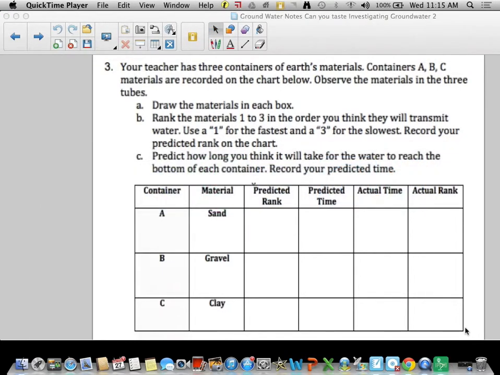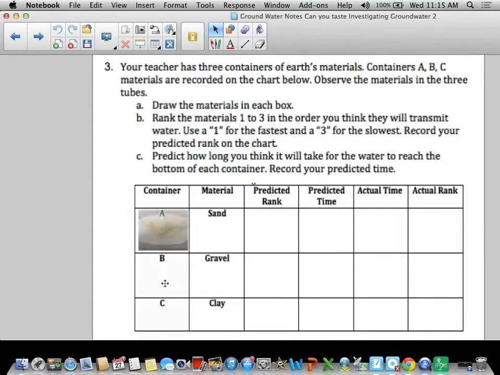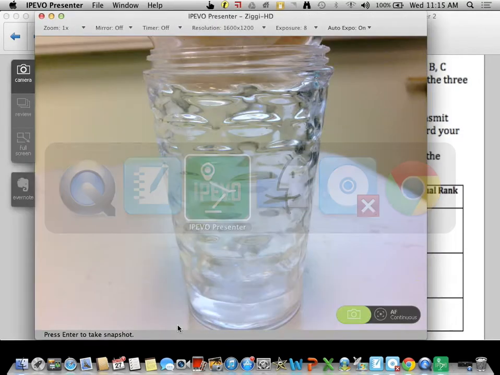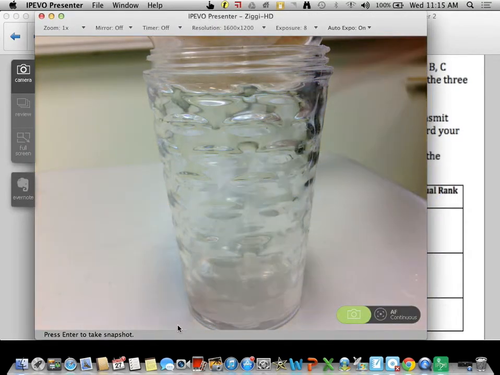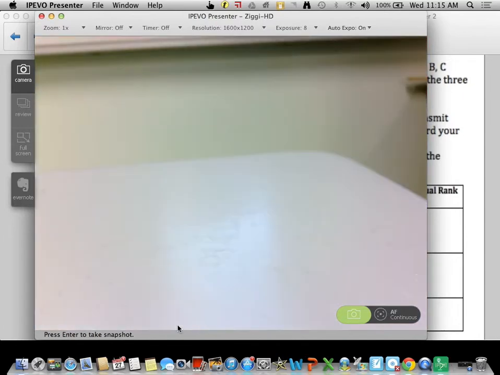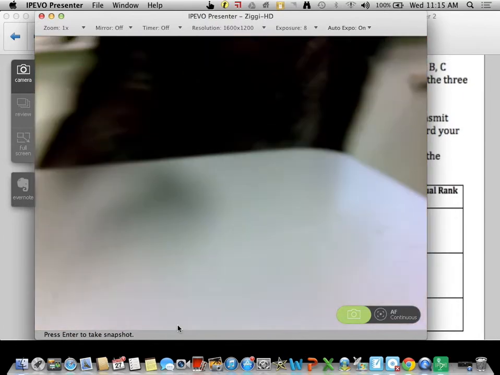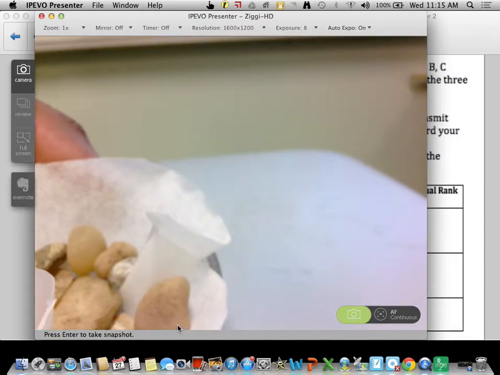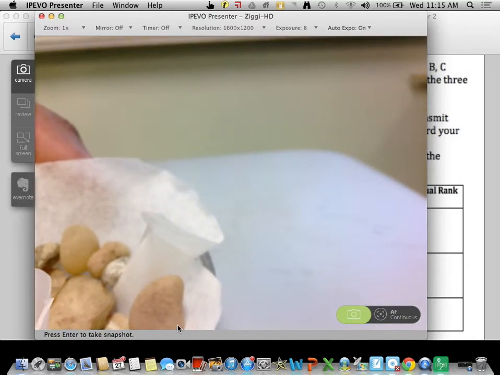Okay? Now we're going to look at gravel, which is our B. So we just observed sand. We're going to look at gravel. So this is our gravel.